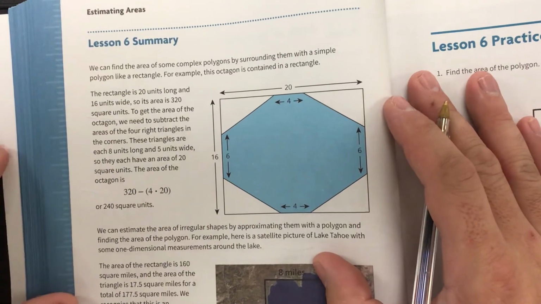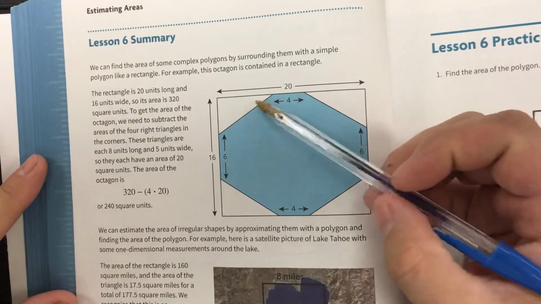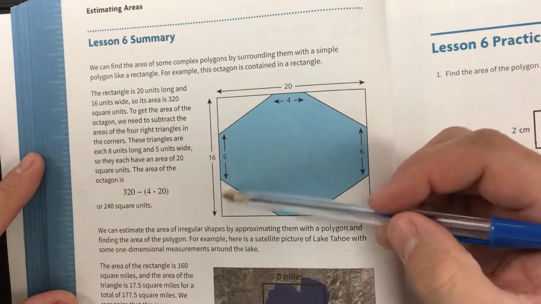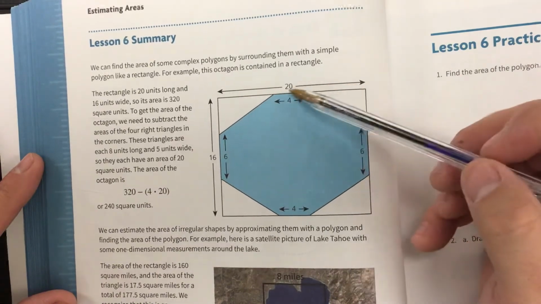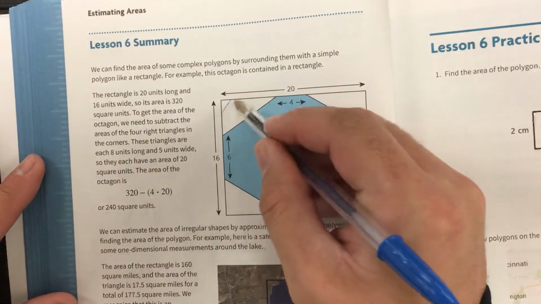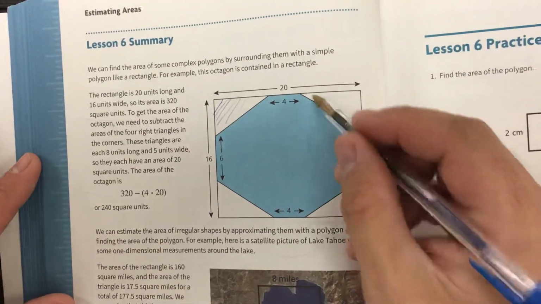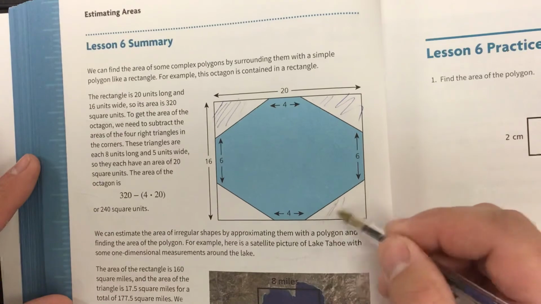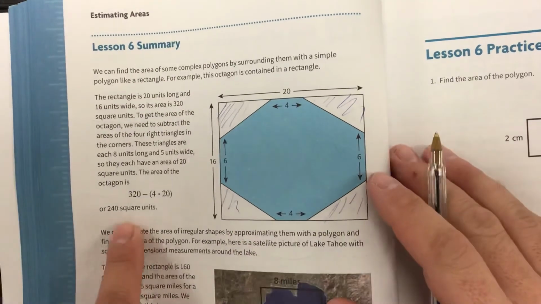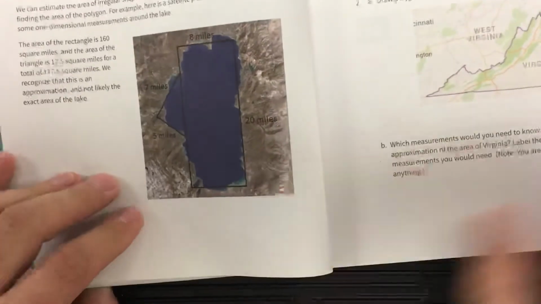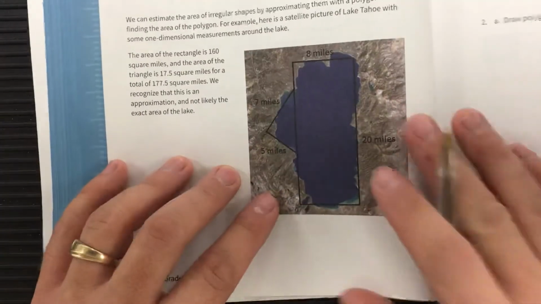Okay, just a reminder to figure out the area of this thing so you can make a big rectangle around it, 20 times 16, and then subtract the area of the 4 triangles. These 4 would all be the same, and I show you that over here. You're going to have one problem today where it's going to say draw some shapes to help you figure it out.